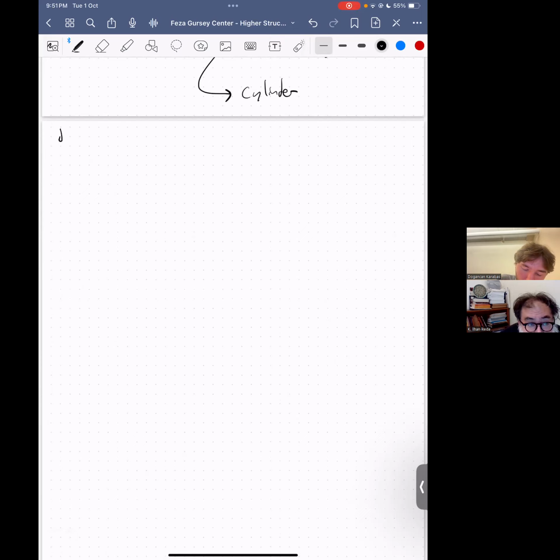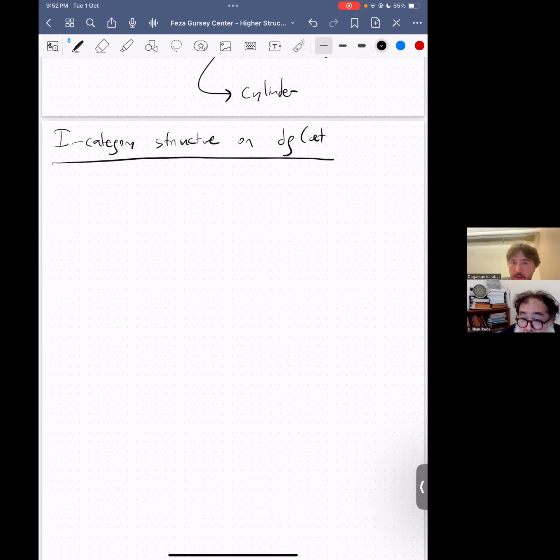So you give a cofibration category structure on DG categories. As I said, I need to tell what cofibrations are. These are actually similar to Tabuada's. So let's say D is a DG category.